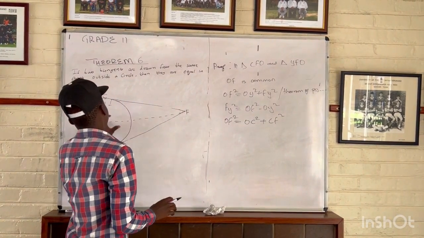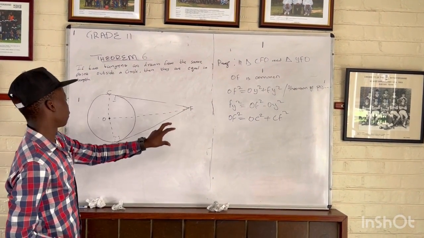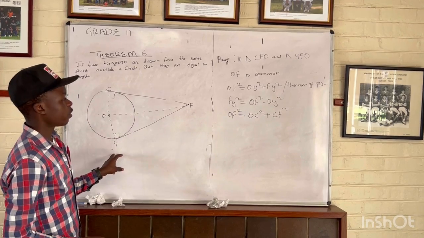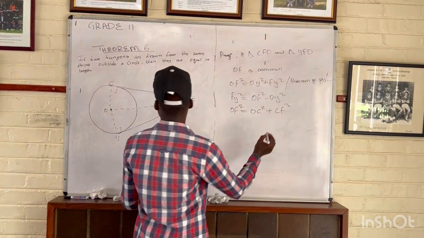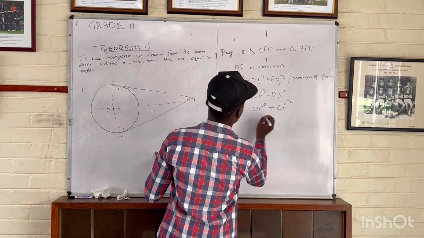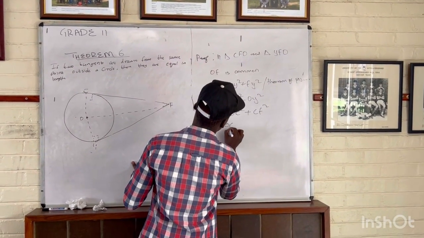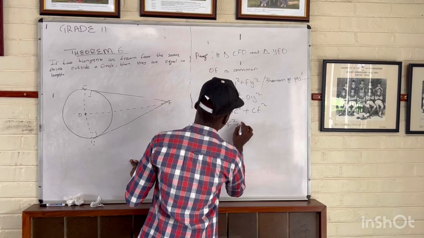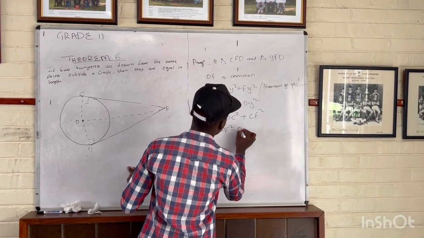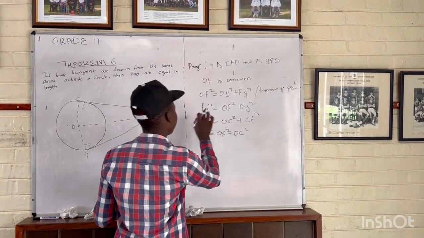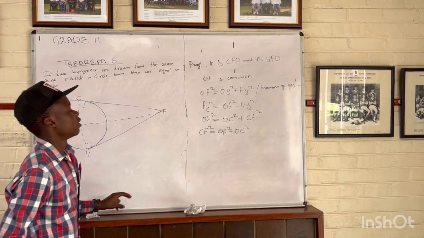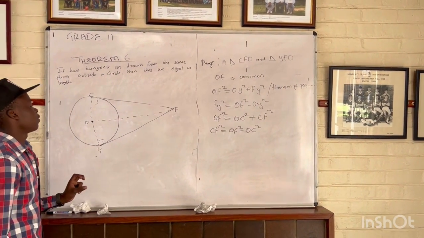Here I need to prove that CF equals FY, so we make CF the subject of the formula. CF squared equals OF squared minus OC squared, because we're taking this one to the other side. Therefore, we have made this the subject of the formula.